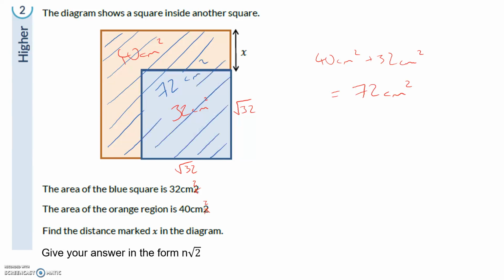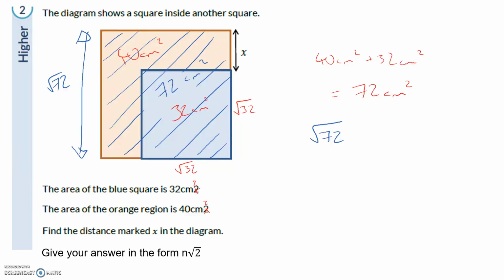That's everything. So we can write an expression for the side length of that big square. That's got to be root 72. So root 72 is this side length. Root 72. Okay, so we're nearly there.